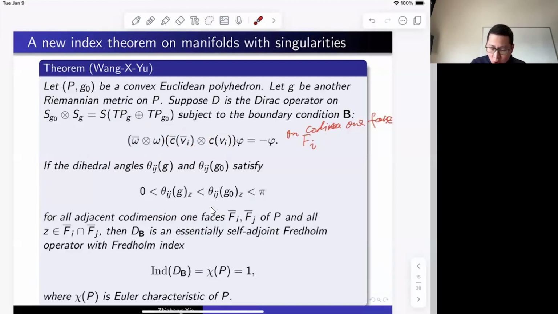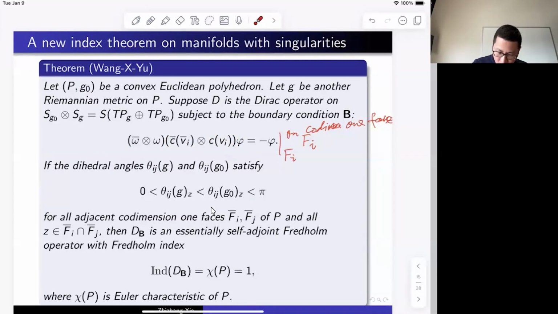Now the boundary condition is that this operator acts on the section when you restrict it to this boundary, then the value of this section should satisfy this linear equation. So that's the boundary condition.